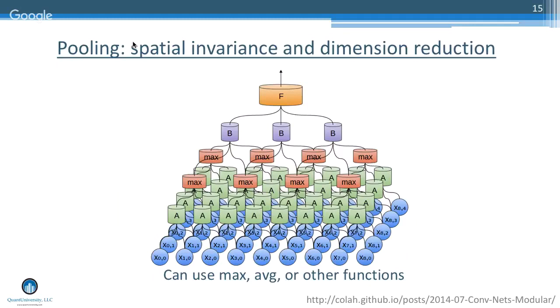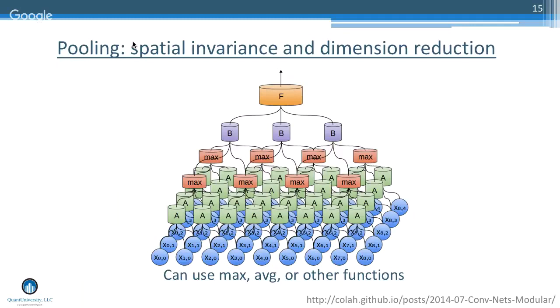The idea is I look at every 2x2 or 3x3 part of my image and just take the maximum value out of those 4 or 9 or however many pixels you want. The cartoon intuition is that if I have an ear detector, I don't really care where the ear is. If it's off by a couple of pixels left or right, it probably doesn't matter for high-level image analysis.